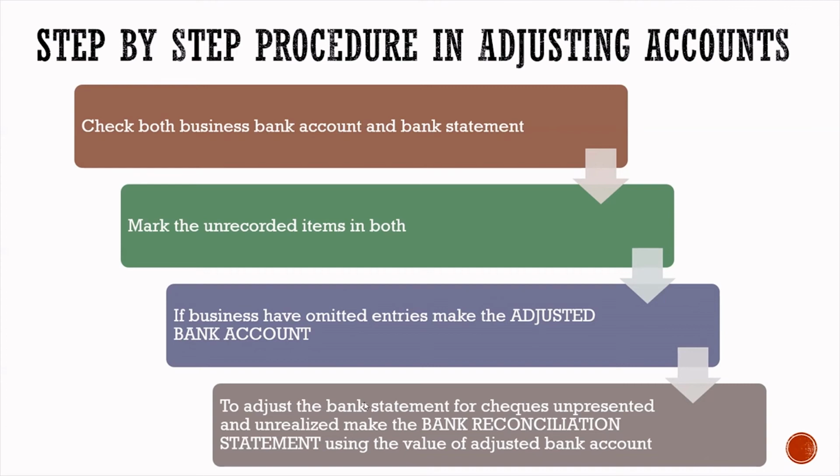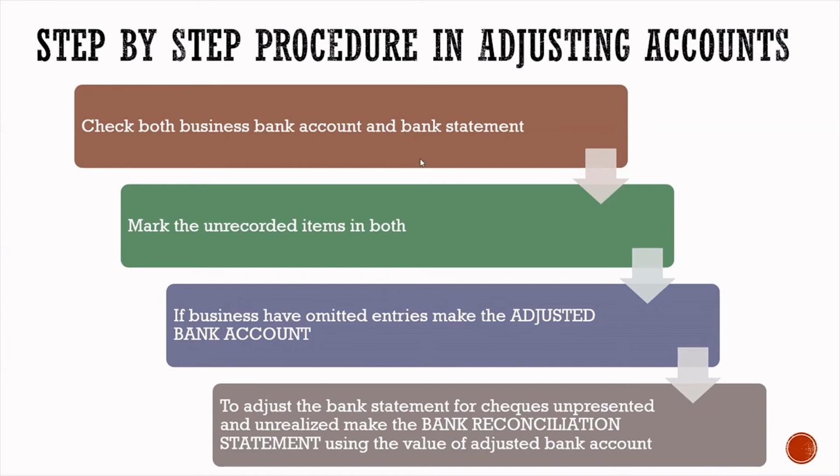So what we have to do is prepare the bank reconciliation statement, adjusting the unpresented and unrealized checks using this adjusted bank account. So this comes in a linear manner.